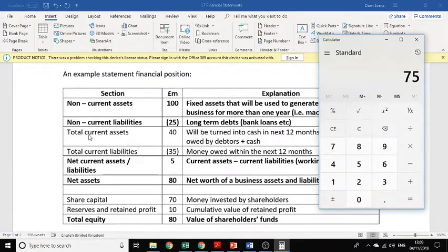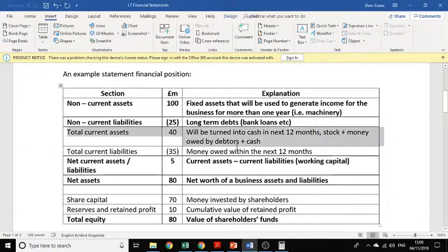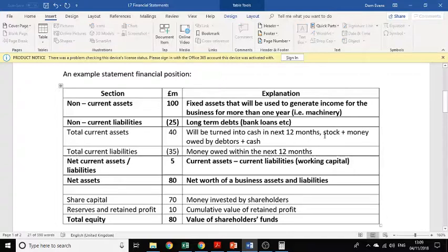Well, they've also got some current assets. Current assets are going to be turned into cash in the next 12 months. They would include things like stock, money owed by debtors. So if I've given trade credit to some customers or whatever, that would be a current asset. And cash itself is obviously cash already. So these are my current assets.